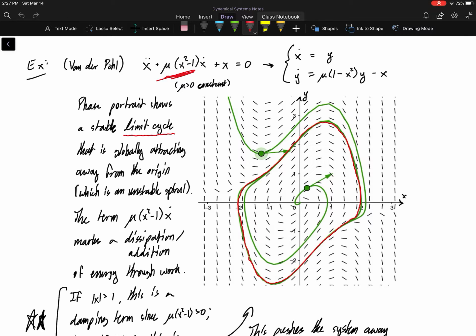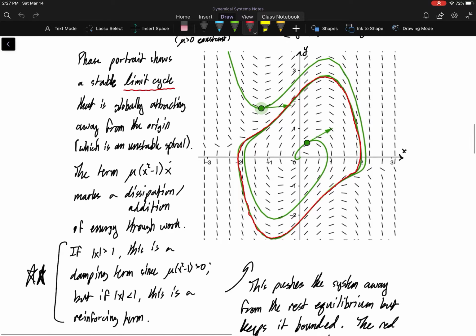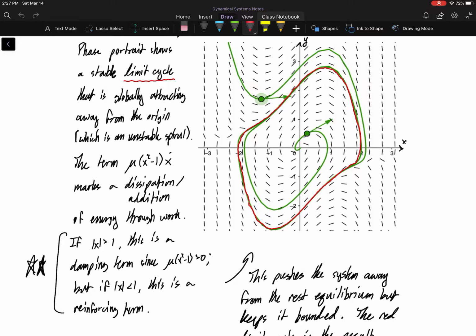And it's this balance between trying to bound high energy states and trying to amplify low energy states that produces this sort of limit cycle, this periodic behavior where we are not blowing up to infinity and we're not shrinking down to a point either.